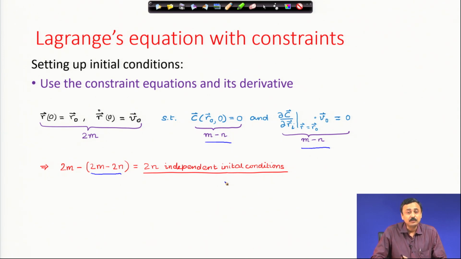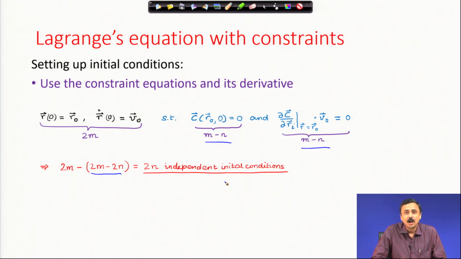But we have worked with the physical coordinates and obtained m ordinary second order differential equations, and for the initial conditions we have 2n independent initial conditions.